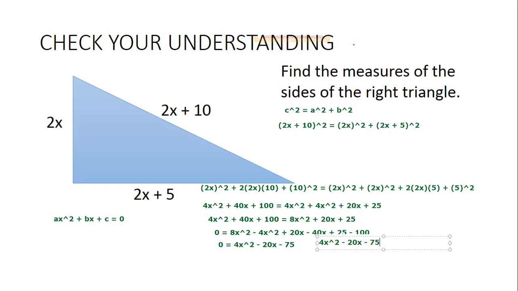Okay, this is by the trial and error method. The factors of 4x squared, we can say that they are both 2x. The other factors we can say are 25 and 3, which is equal to 0.